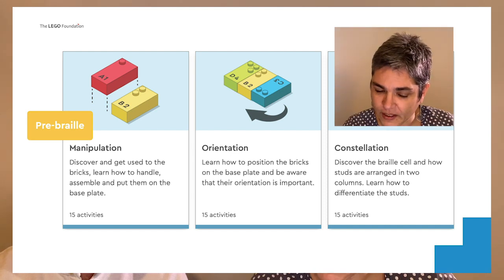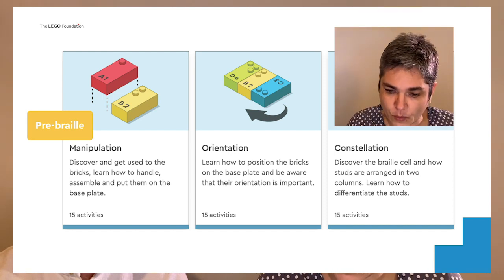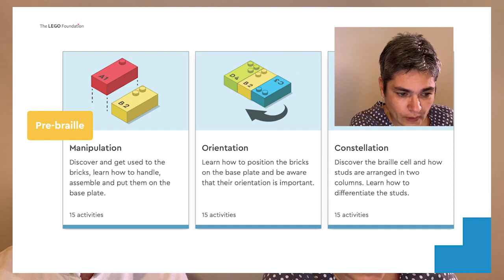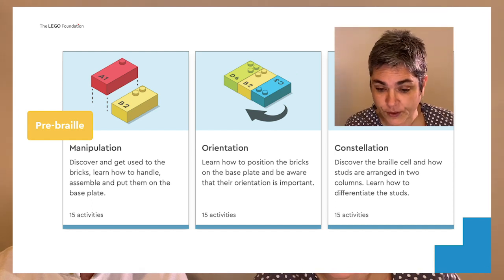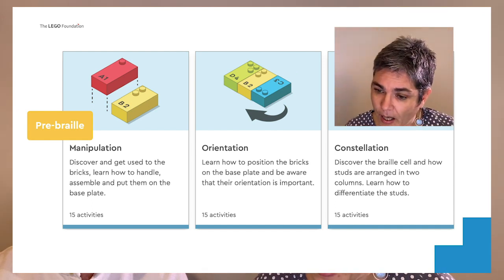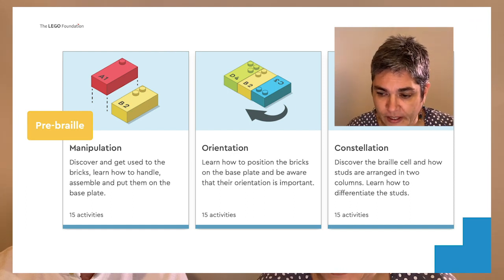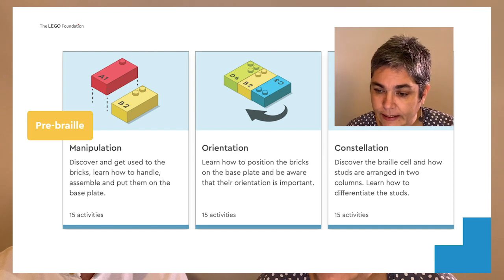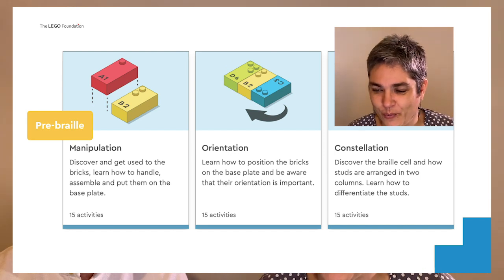So you go from the manipulation activities, and that's where you will learn how to discover and get used to the bricks, handle them, assemble them, and put them on the base plate. Very simple activities, and I must say that they can be done without LEGO Braille Bricks.